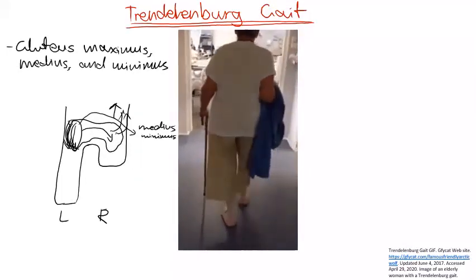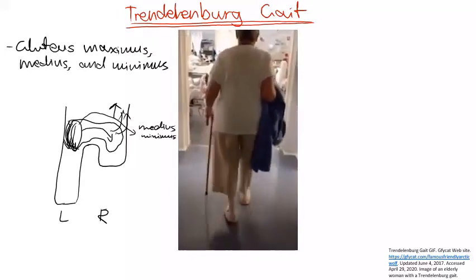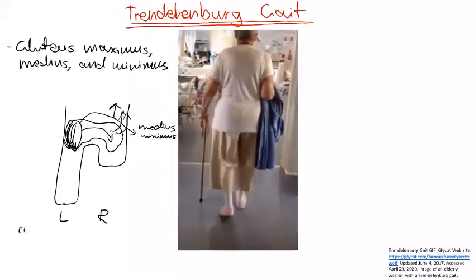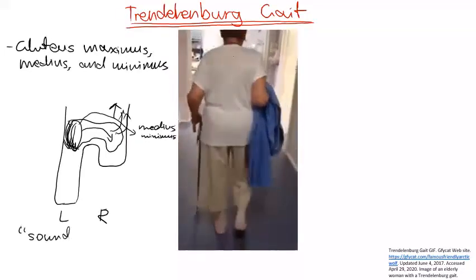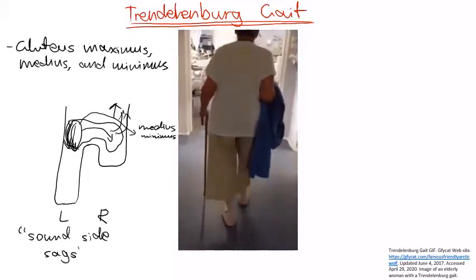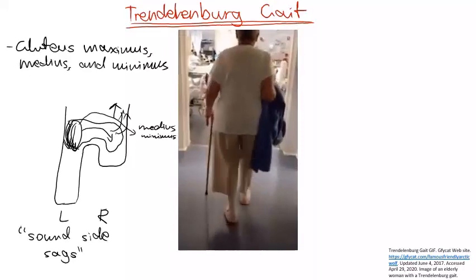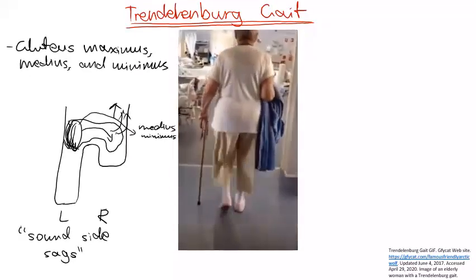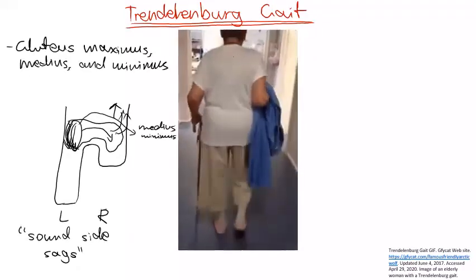So whenever we assess for a Trendelenburg gait, we always say that the sound side sags. So the side of the pelvis that has sound muscles, so muscles that are working properly, that side always droops.